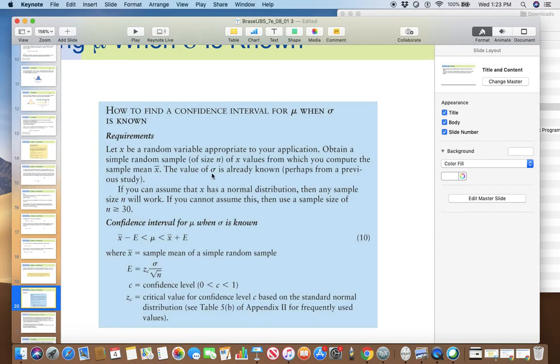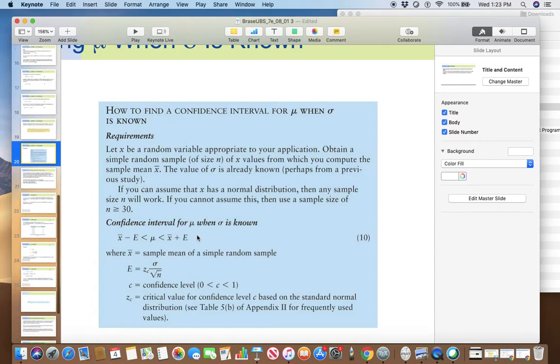The value of sigma is already known, typically from a previous study. If you can assume that X has a normal distribution, then any sample size n will work. If you cannot assume this, then you need a sample size of at least 30.